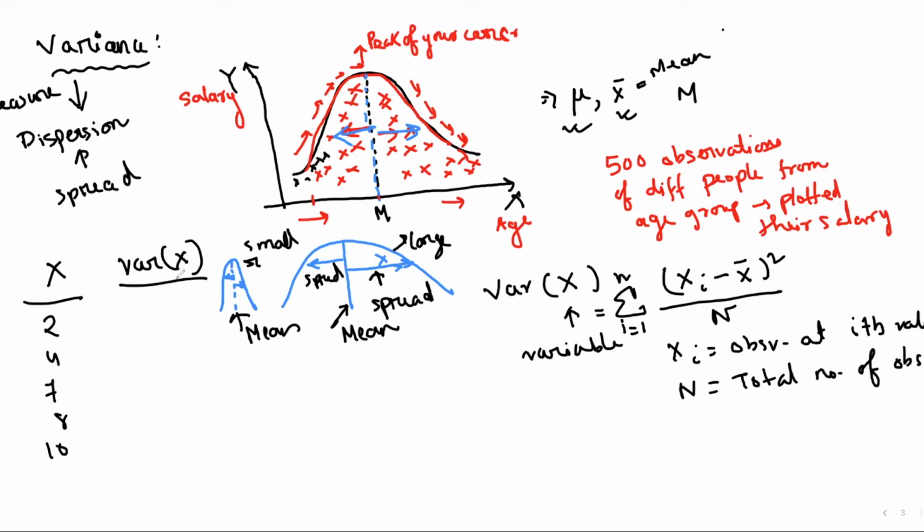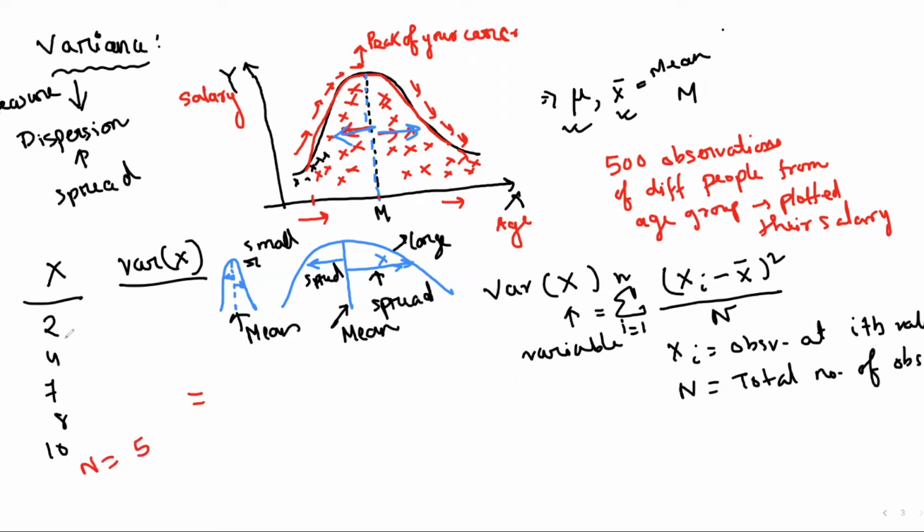In order to calculate the variance of x, you need to use this particular formula. It's a summation, right? So x of i means i is nothing but the position. Here n is how much? 1, 2, 3, 4, 5.